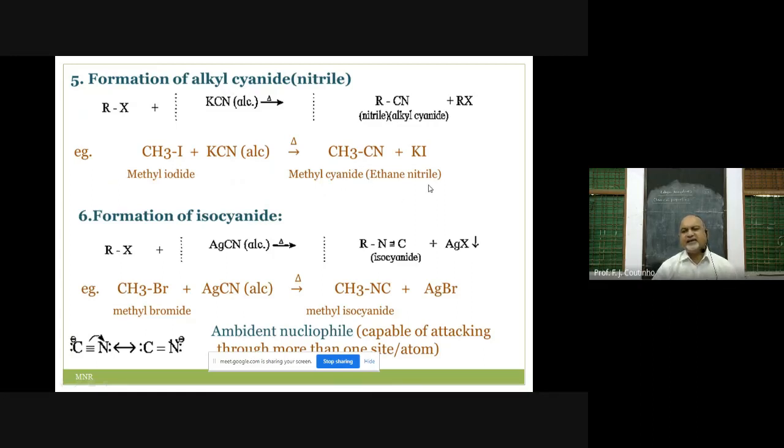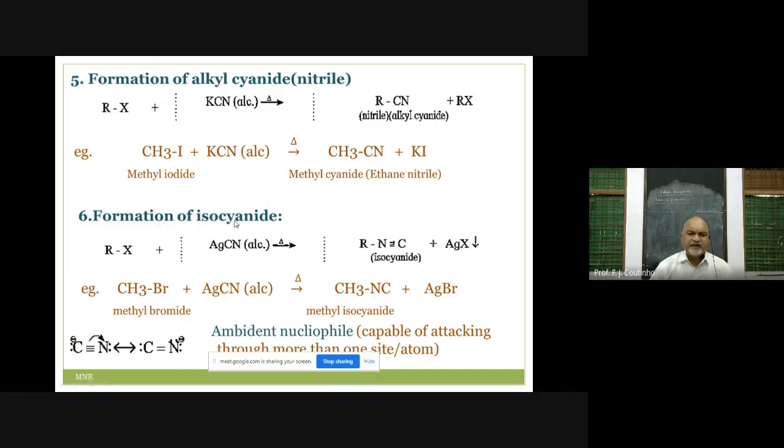Why ethane nitrile? Here there are two carbon atoms, and this is nitrogen. That's why it is known as ethane nitrile, and potassium iodide is a byproduct. When you do this reaction, when you do your research, you have to be very careful with any type of cyanides. It is dangerous for your health.